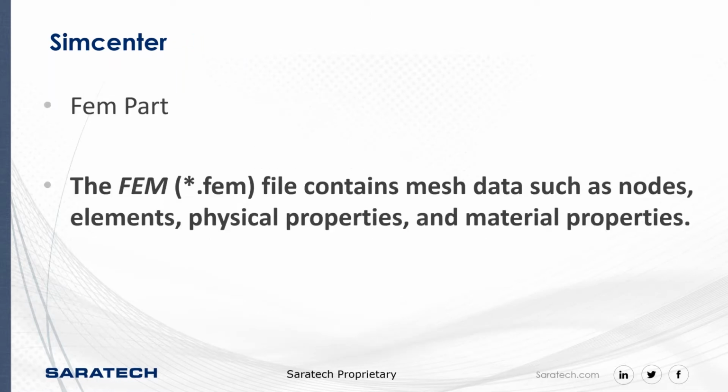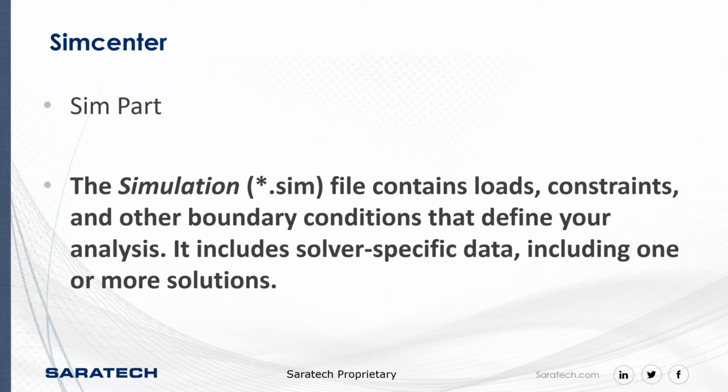The next is the FEM part. The FEM is where you have your nodes, your elements, your materials, your properties. And the sim part is where you have your loads, your constraints, and boundary conditions. One thing that new users will run into issues with is being at the wrong level. They're trying to add boundary conditions and loads, but they're at the FEM level.